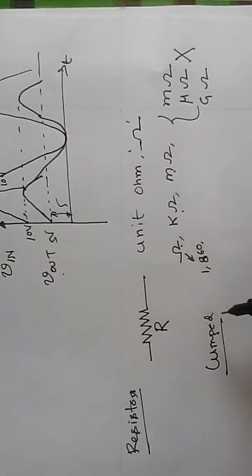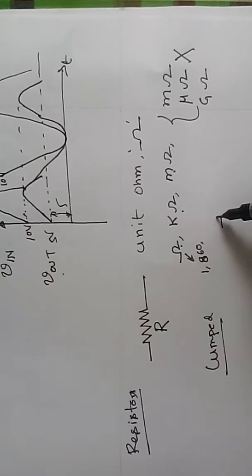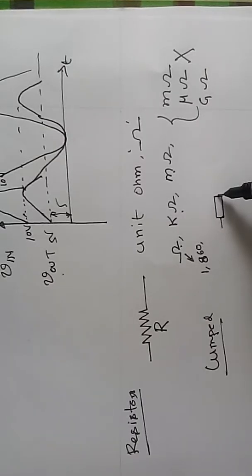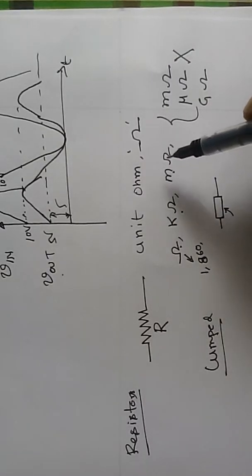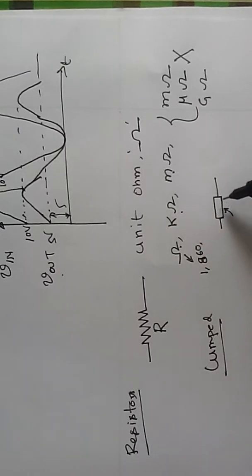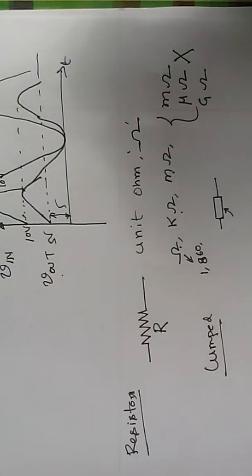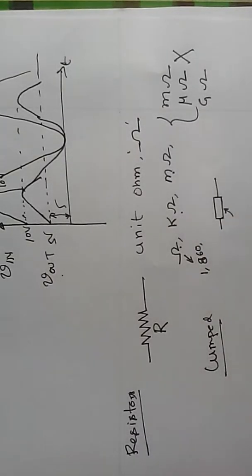Since the resistance value is concentrated in a particular area, as the value of the resistance changes, the dimension of the resistor will not change. This is an important point to note.